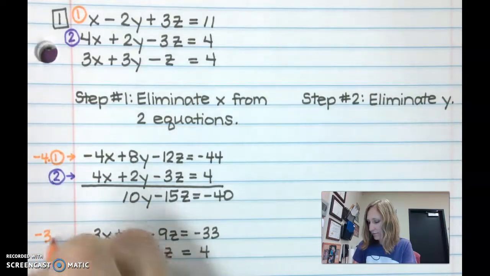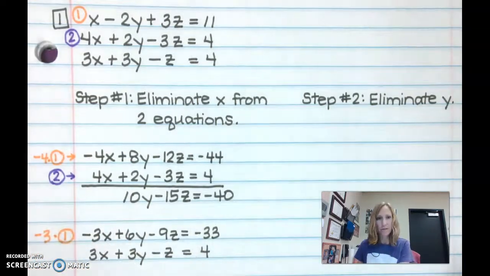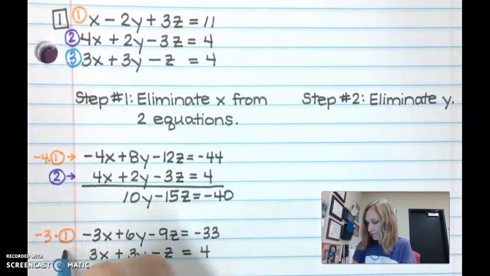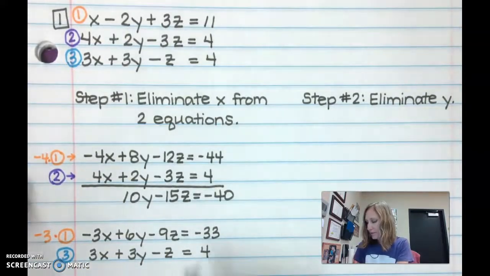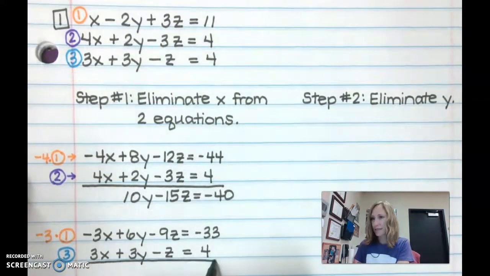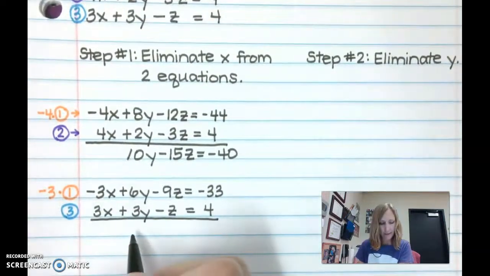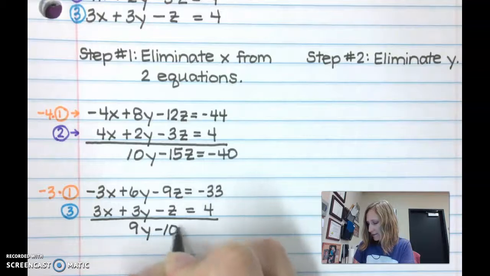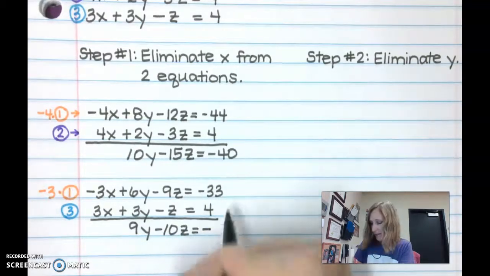So we'll take negative 3 times that first equation, and that'll give us this. And then I'm going to keep my third equation here exactly the same. So you can see where I'm getting my pieces from. Now I'm set up that if I combine those 2 equations, it will eliminate my x's and leave me with 9y minus 10z equals negative 29.